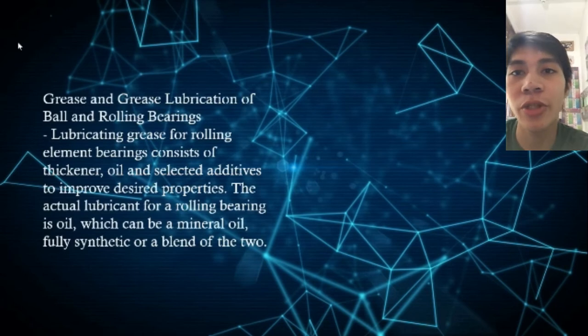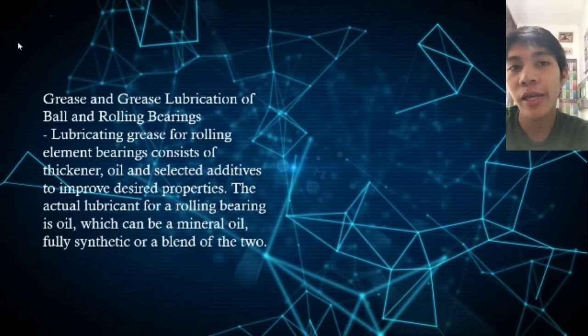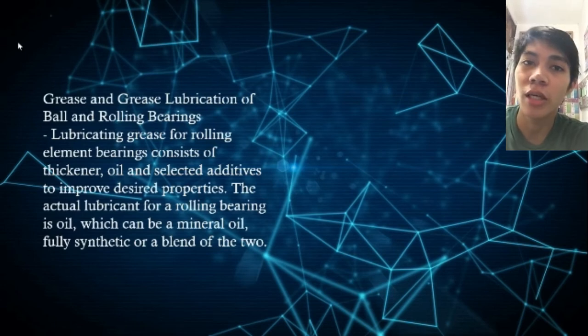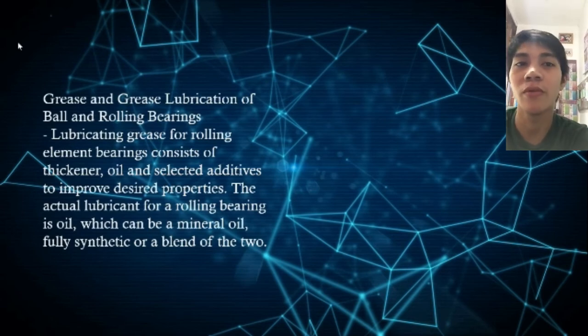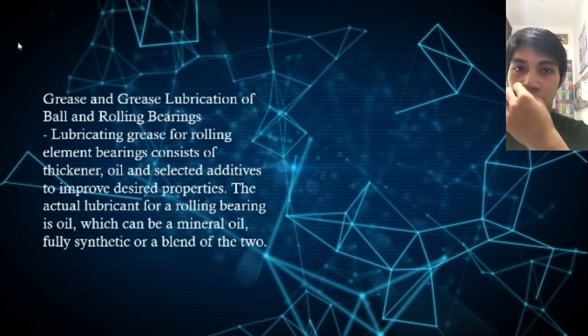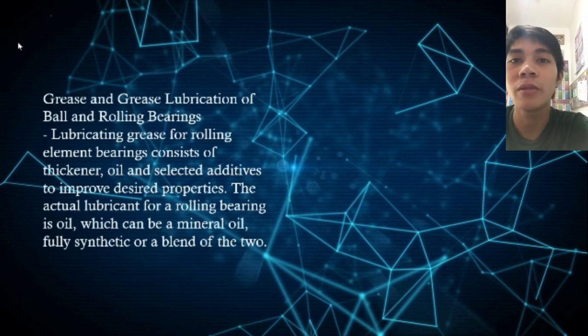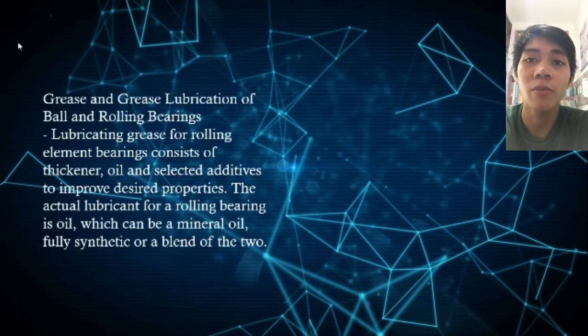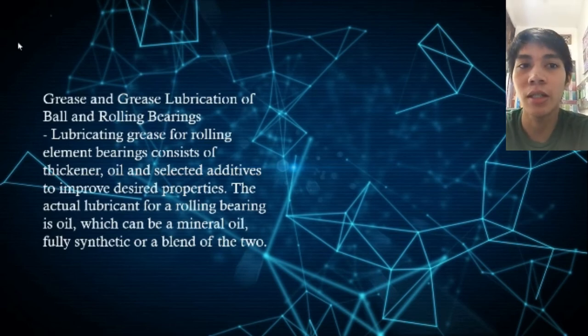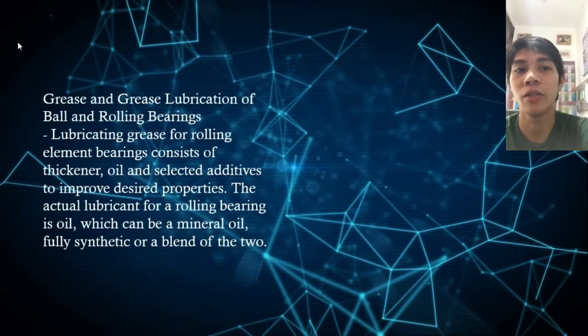Grease and grease lubrication of ball and rolling bearings. Lubricating grease for rolling and ball bearing elements consists of thicker oil and selected additives to improve desired properties. The actual lubricant for a lubricated bearing is oil, which can be a mineral oil, fully synthetic, or a blend of the two.